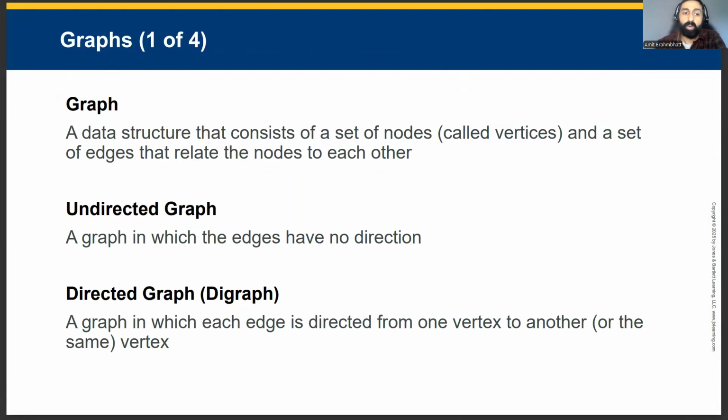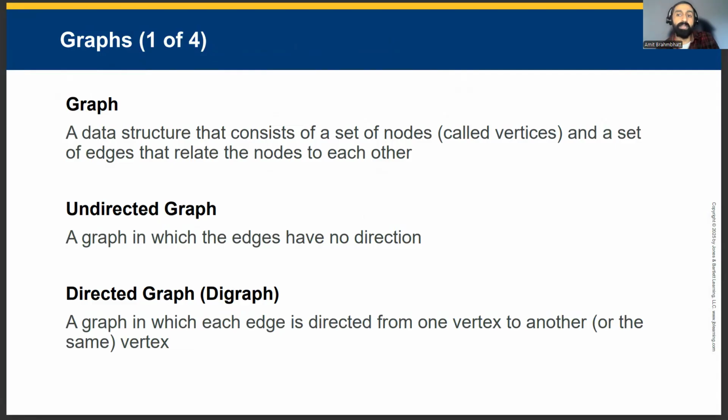Okay, we'll move on to the next topic of graphs. Graphs model relationships in a more general way than trees. A graph consists of a set of vertices and a set of edges that link them.